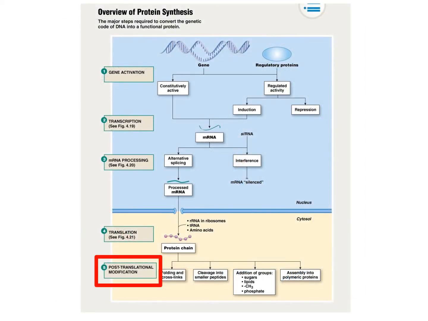So that's way down here where folding is involved, maybe sometimes cleavage, addition of functional groups, sometimes lipids or sugars, phosphates, other functional groups, and/or the presence or absence of cofactors and polymers, other peptides.